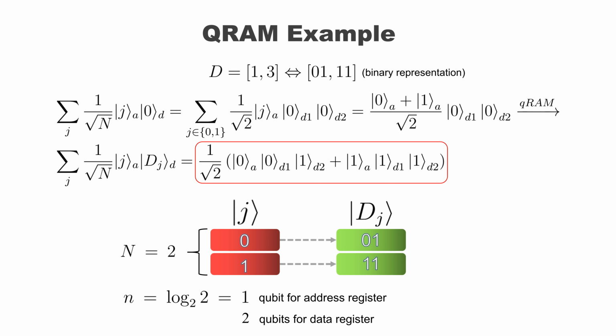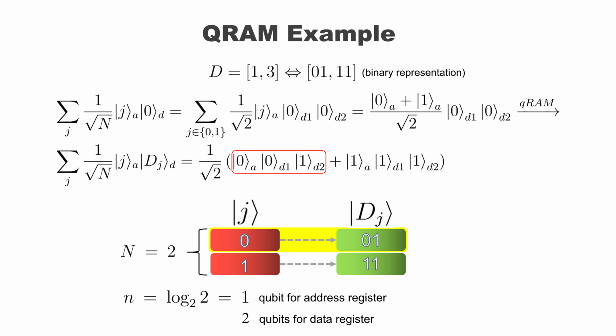The indices A and D indicate the address qubit and the data qubits correspondingly. This means that when the address qubit is in the state 0, the data is automatically in the state 01. And when the address is in the state 1, the data is in the 11 state.